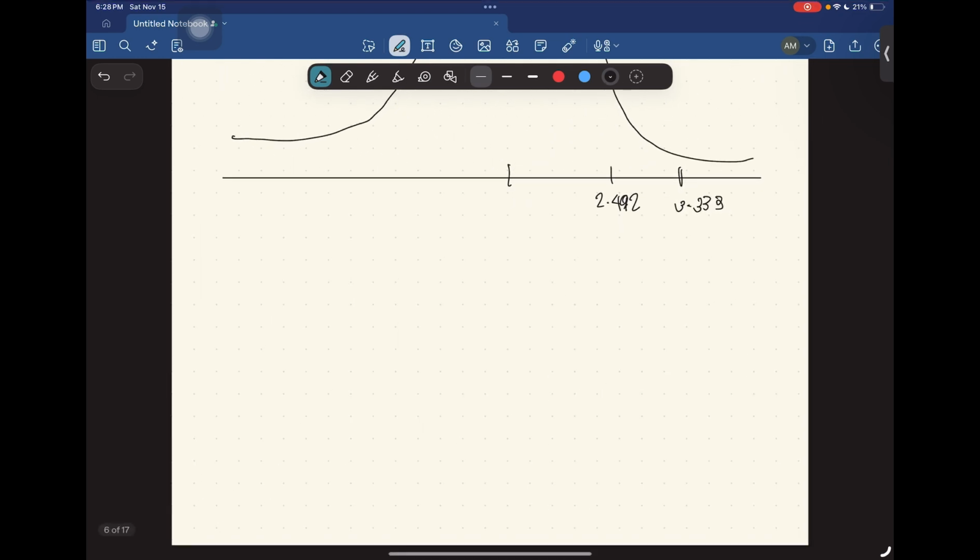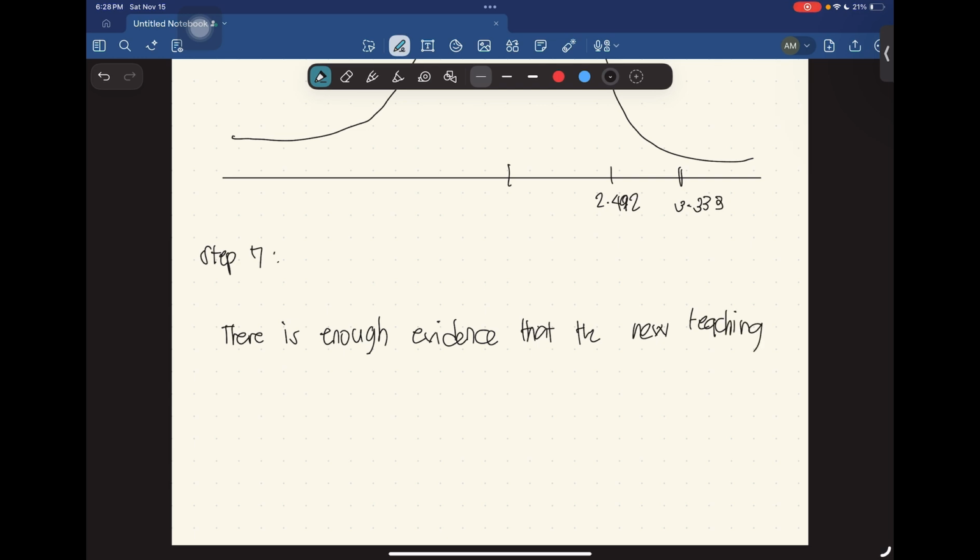Which concludes that in step 7, our conclusion is there is enough evidence that the new teaching method increases the average exam scores.